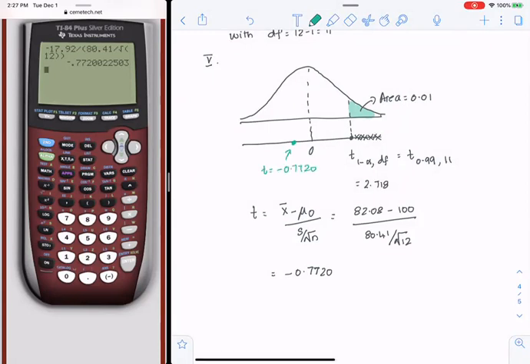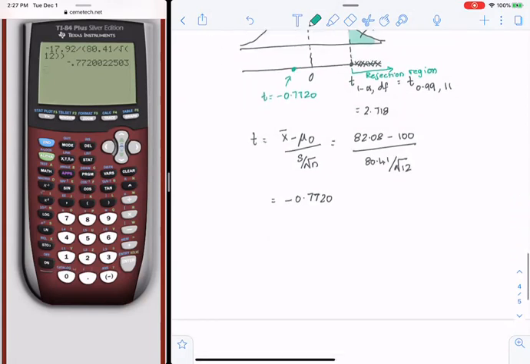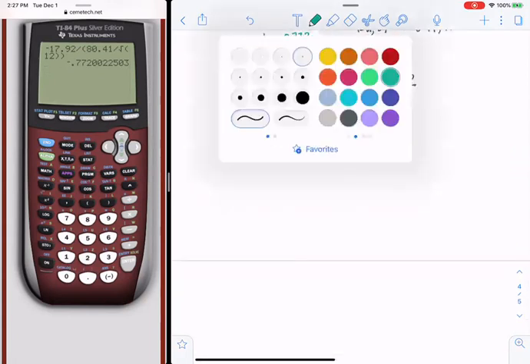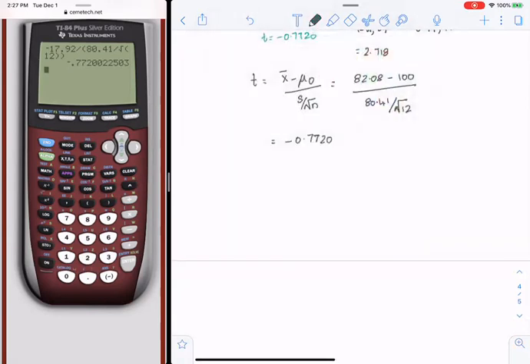So clearly the test statistic does not fall in the rejection region. So we do not reject the null. The rejection region is the shaded area.